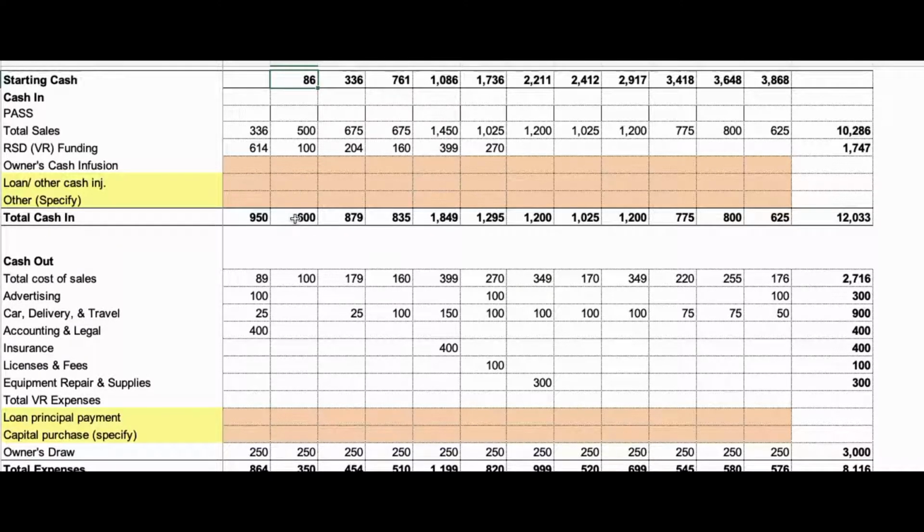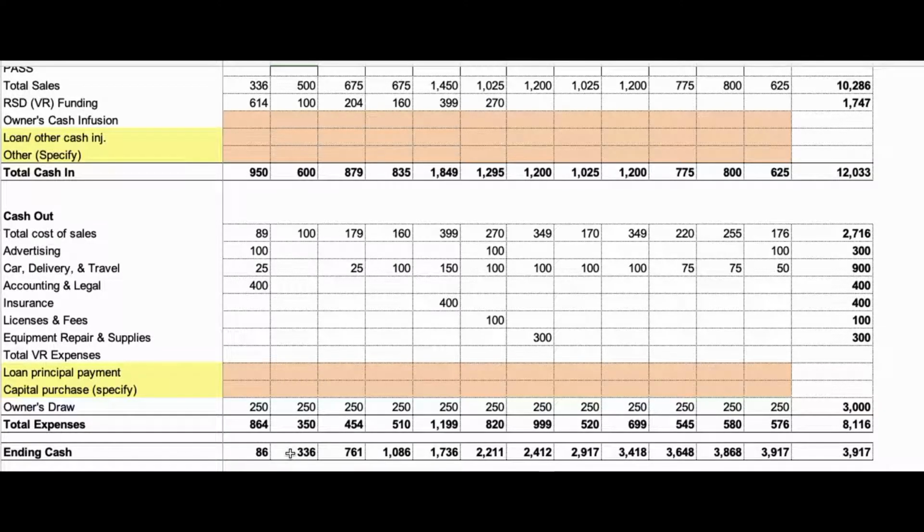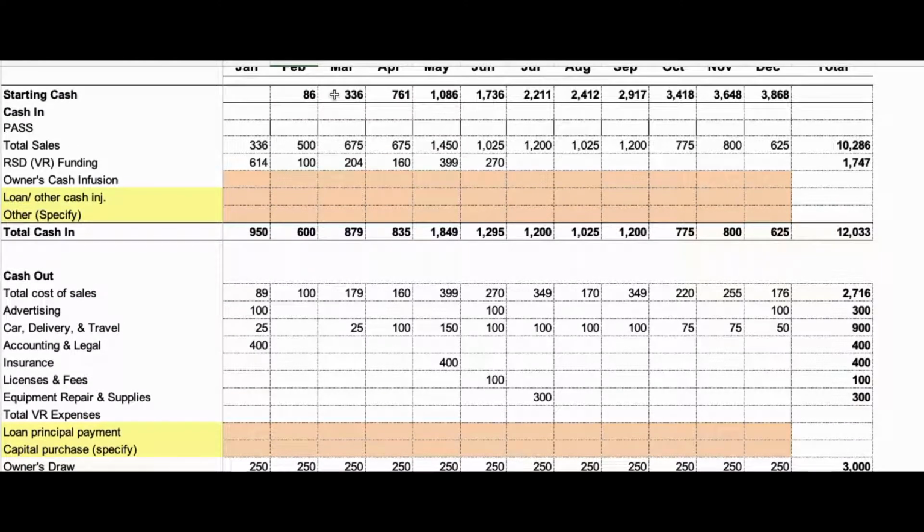So his total cash amount in the account in February is $686, and the process continues from there. That's what we'll subtract the February expenses from. And the bottom line, what he's left with in ending cash at the end of February, which in his case is $336, becomes the starting cash balance for March. And it works this way for the rest of the year.